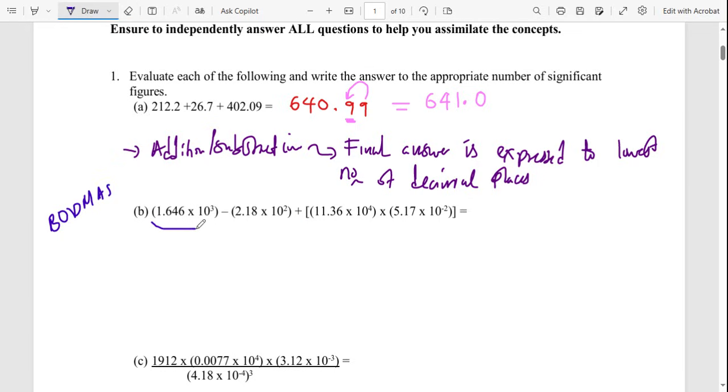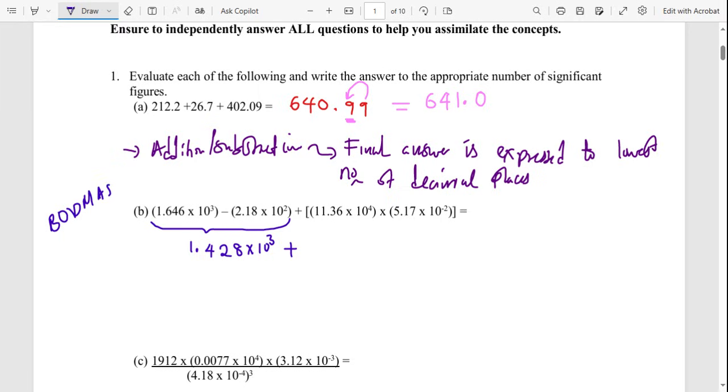For these first two, after adding them, I've gotten 1.428 times 10 to the power 3. And then we have a plus. We are going to work out what is in the brackets.